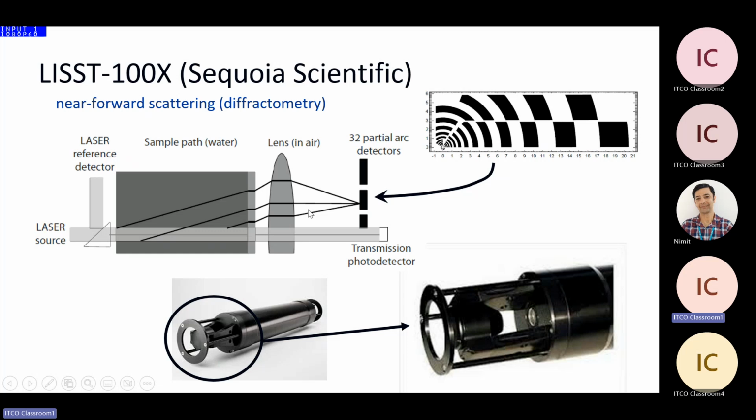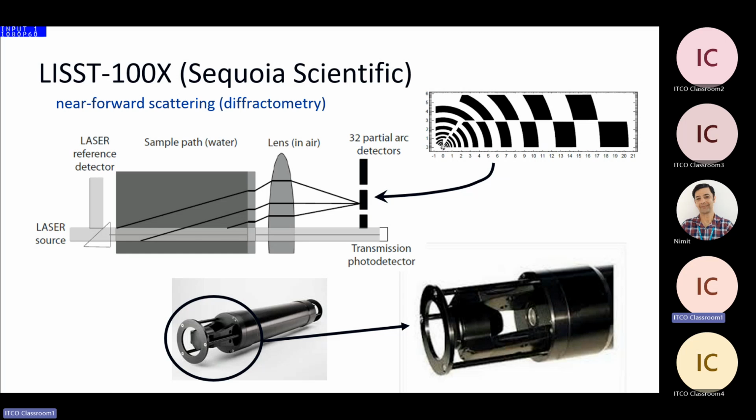Then a converging lens focuses the light from a single angle. So whether this light is scattered from the beam here or here, anywhere in this sample volume, it ultimately makes it to a single location on this silicon diode detector. This has 32 partial arc detectors, so it's measuring 32 different angles in the near-forward direction. So yeah, it's a really cool instrument.